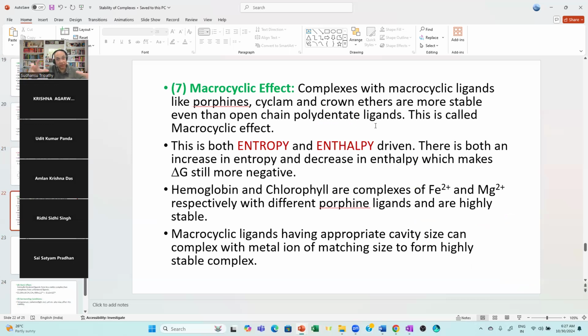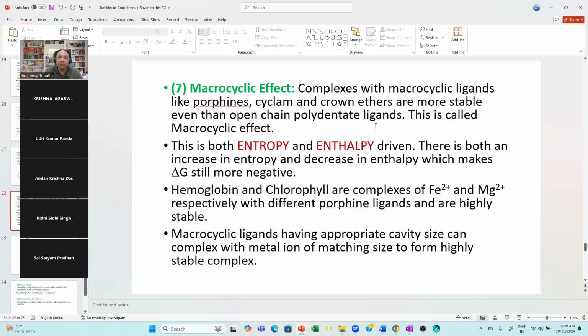I have already introduced that ligands can be macrocyclic. Macro means the ligands themselves are cyclic. So the cyclic ligands like crown ether, like cyclam, like the porphines, where the magnesium porphine complex, one of the porphine complexes is chlorophyll, and the ferrous complex of one of the other porphines is hemoglobin.